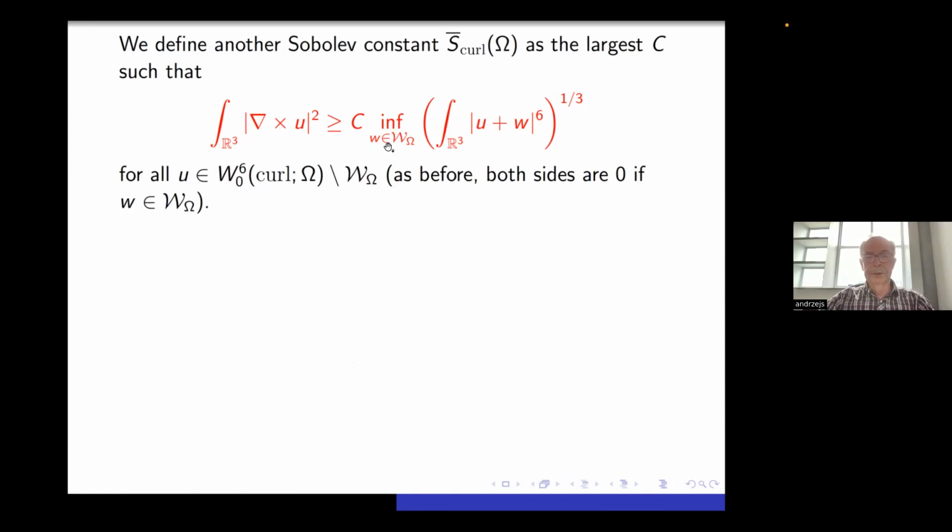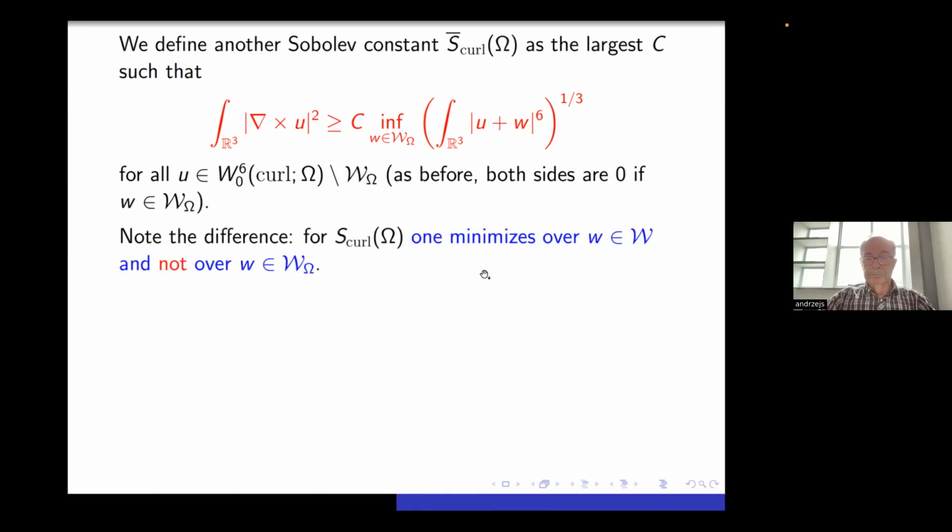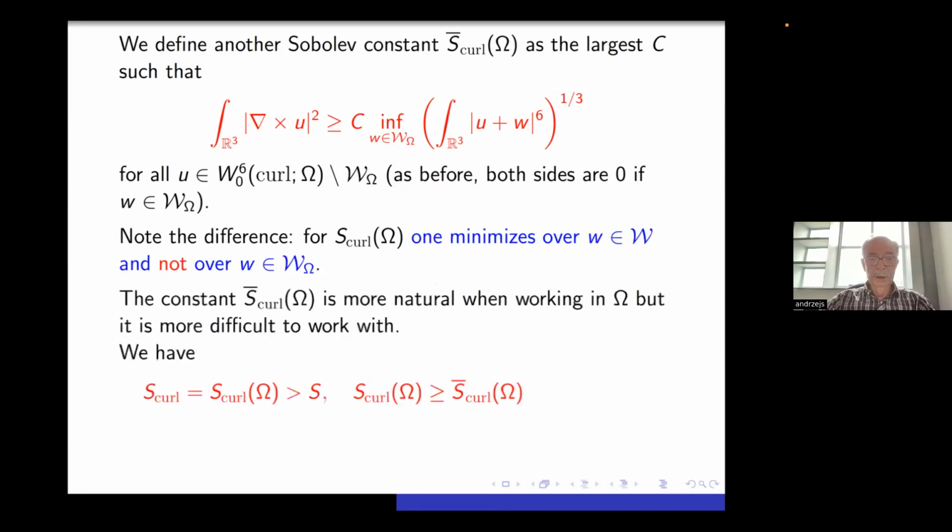So in this case, u is supported in omega, but also W is supported in omega. So this is the difference. And now this constant, S curl bar, is more natural if one works in omega, but it is more difficult, in fact, to work with. One would prefer to have this constant, but there is a price for using this.